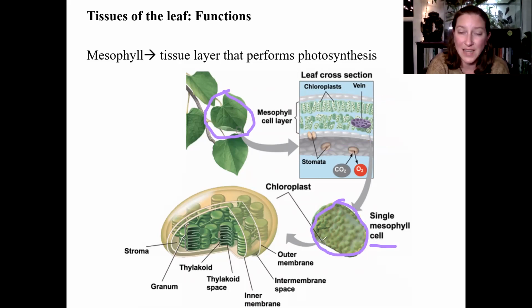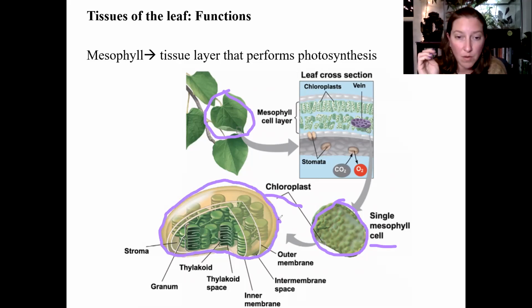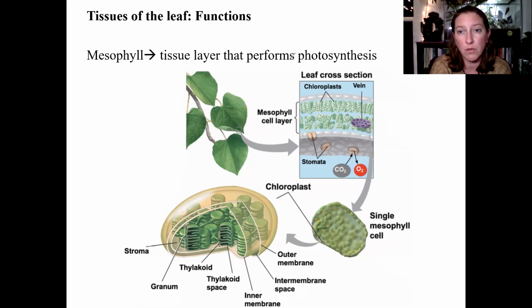And the green blobs inside of it are called chloroplasts. And so this is one chloroplast. And inside of the chloroplast are all of these green stacks that are filled with a pigment called chlorophyll. So let me walk you through this.